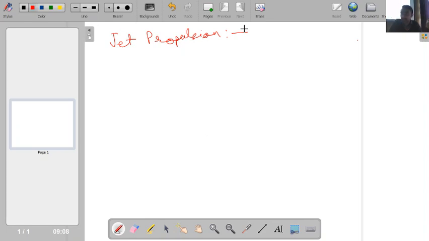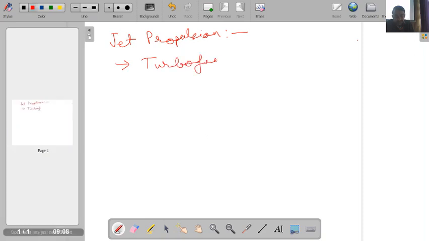Okay. So basically, for jet propulsion, we use different types of engines. For example, we name some as turbofan, turbojet, ramjet.